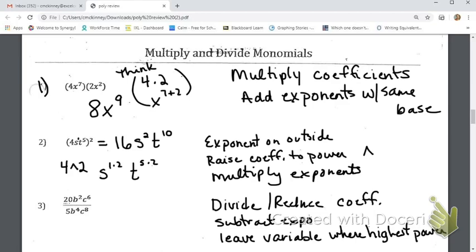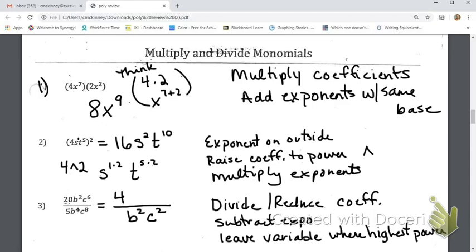So 20 divided by 5, that's 4. That's going to be on the top, correct? Because 20 was bigger. Where's the higher power of B? Bottom. By how many? So 4 take away 2 gives us 2. Where's the higher power of C? Also in the bottom. 8 take away 6, also 2.